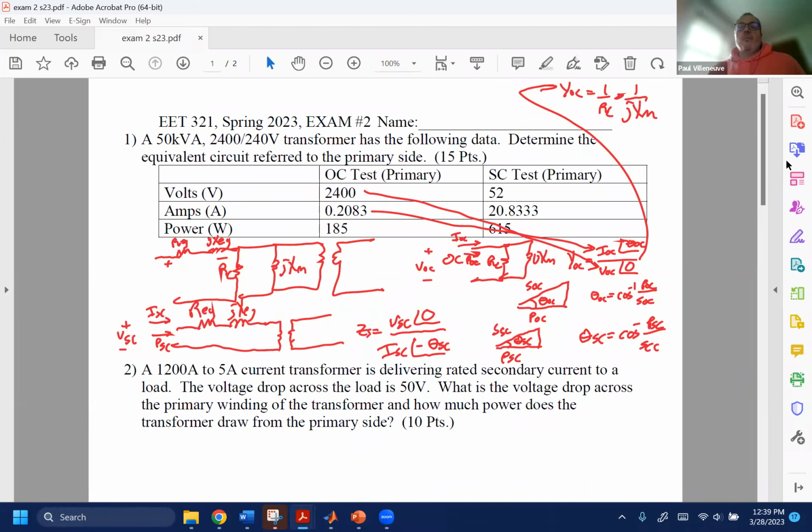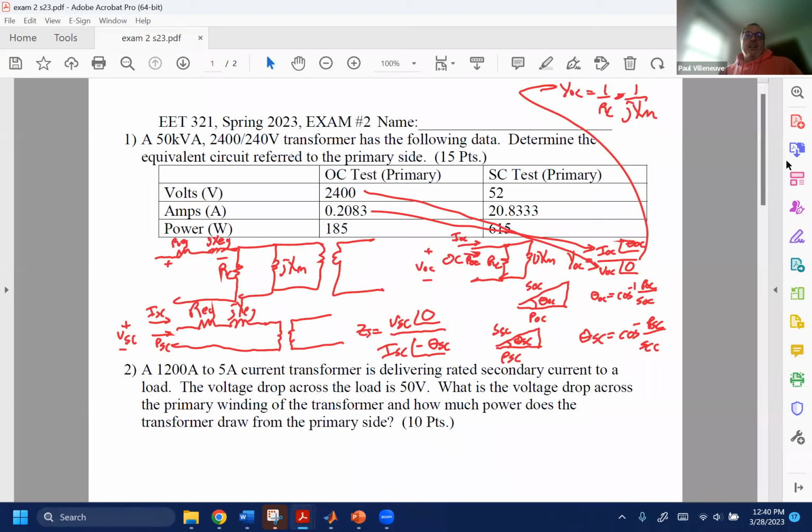So if you're pushing almost 21 amps on the 240 volt side of the transformer, you're going to have a pretty significant voltage drop. So you can't have crazy high impedances, and if you're getting R's and X's in the 5, 10 and 20 range, you probably want to go back and double check.